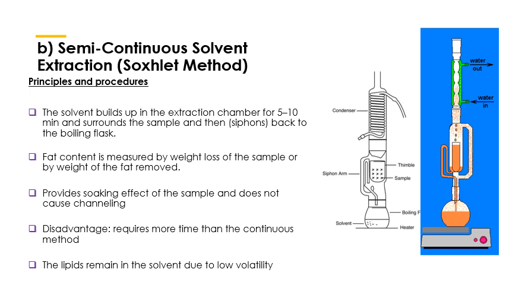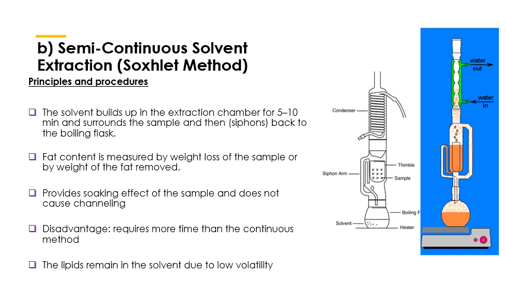Semi-continuous solvent extraction, the Soxhlet method, is the most commonly used method in our lab. If you look at this diagram, you have solvent that builds up in the extraction chamber, surrounding the sample, and then is siphoned back into the boiling flask. Here the fat content is measured by weight loss of the sample or by weight of the fat removed.